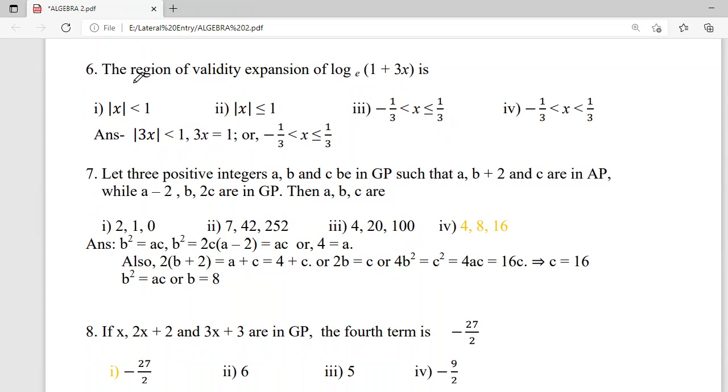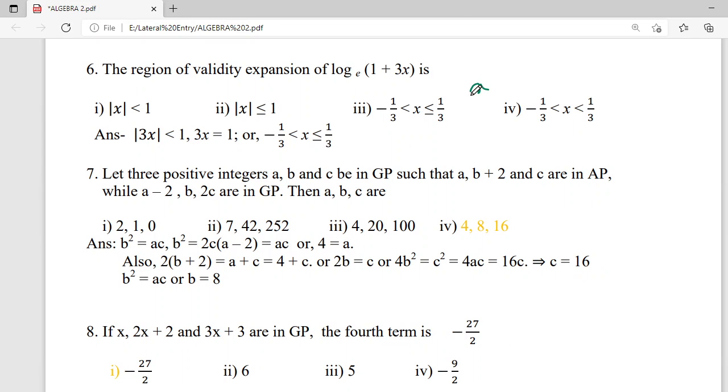Then the region of validity of the expansion for this. We have defined the logarithmic series, and it is this one. Here our x is 3x, so the modulus of 3x should be less than 1.